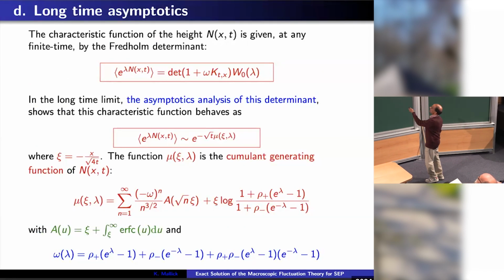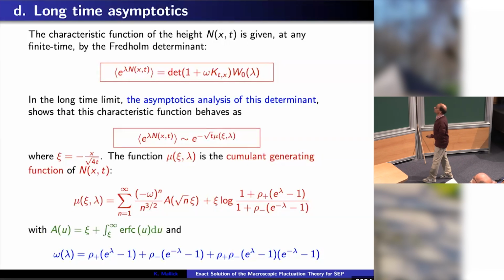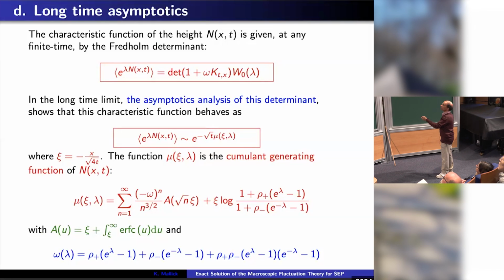And then the next step is to do asymptotic analysis of this determinant. And you find that in the long time limit, and scaling limit for x, which has to be rescaled as square root of 4t, this characteristic function behaves like exponential of minus square root of t times mu psi of lambda, which is a cumulant generating function, and we get a closed formula for this mu.